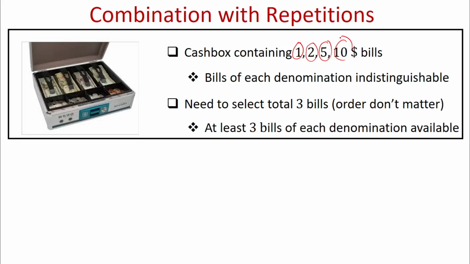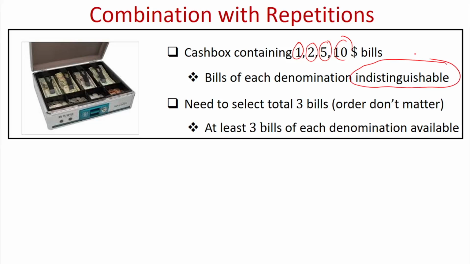So, for instance, in this example, in the $1 bill slot you might have several $1 bills, and all those $1 bills are indistinguishable. That means you can't say that if I choose the $1 bill on the topmost position, it will be considered different from the $1 bill at the bottom. I won't consider those things here because I am making the assumption that the bills of each denomination are indistinguishable. That's important while deriving the formula.